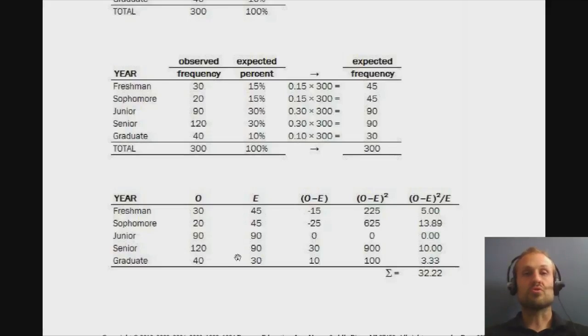So the obvious thing to do is look at the difference, the observed minus the expected. And I get negative 15, negative 25, 0. The juniors were spot on. And then I get a difference of 30 and 10. So you see sometimes the observed frequency is less than the expected, giving me a negative difference.